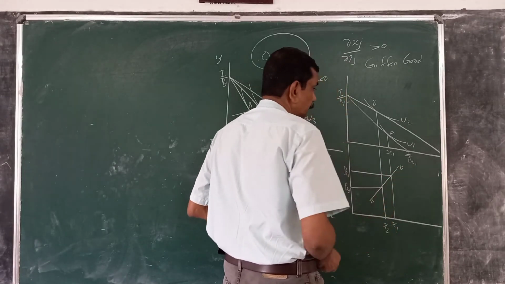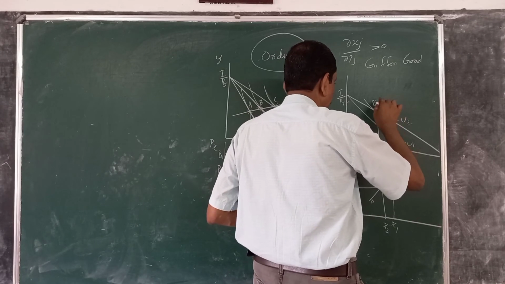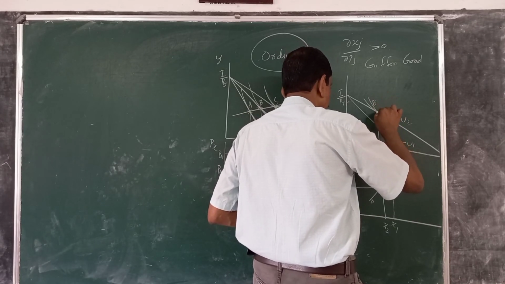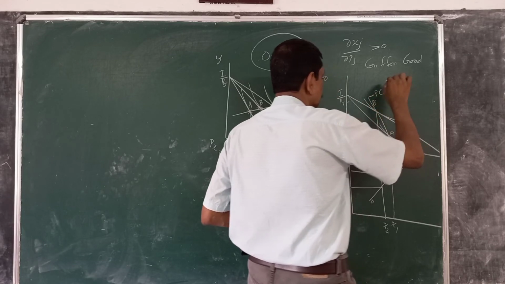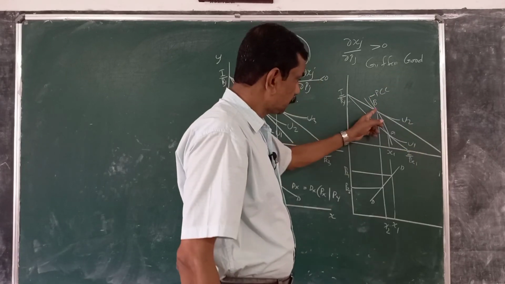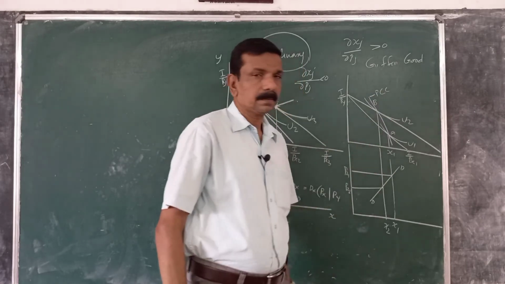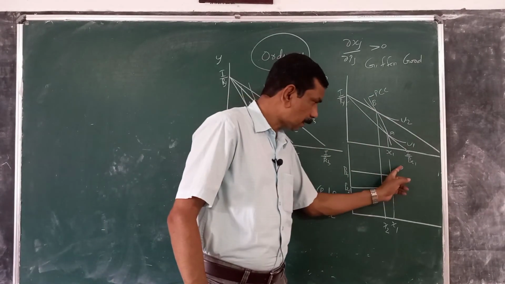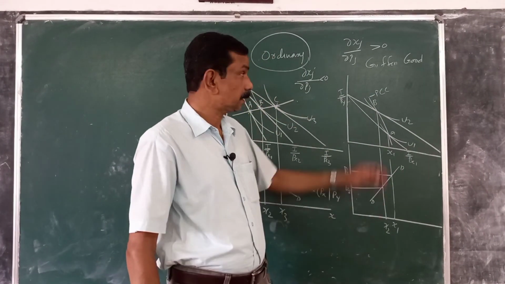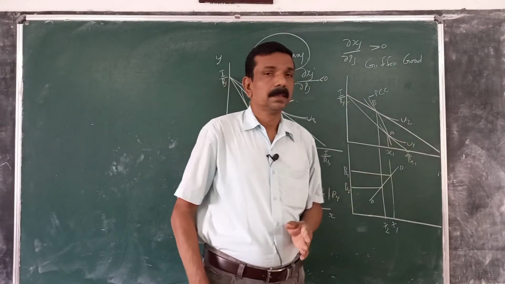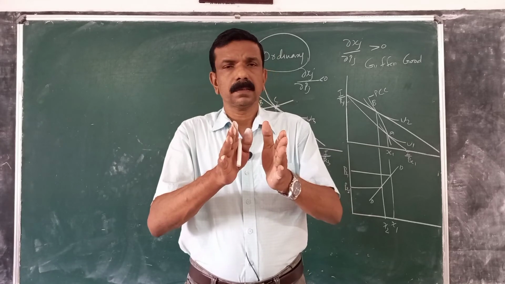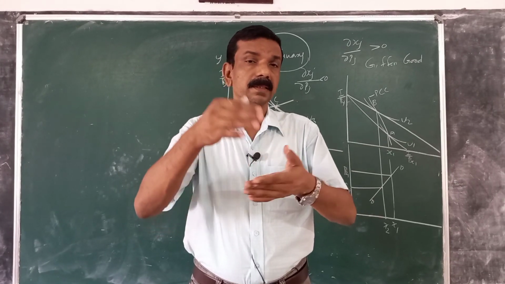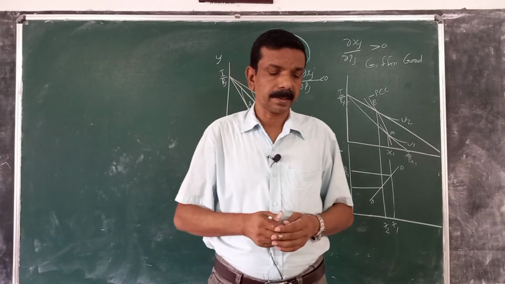The demand curve is upward sloping and the price consumption curve is backward bending. This is the price consumption curve. Such commodities are known as Giffen goods. The reason why we have Giffen goods will be discussed in detail in a later class.